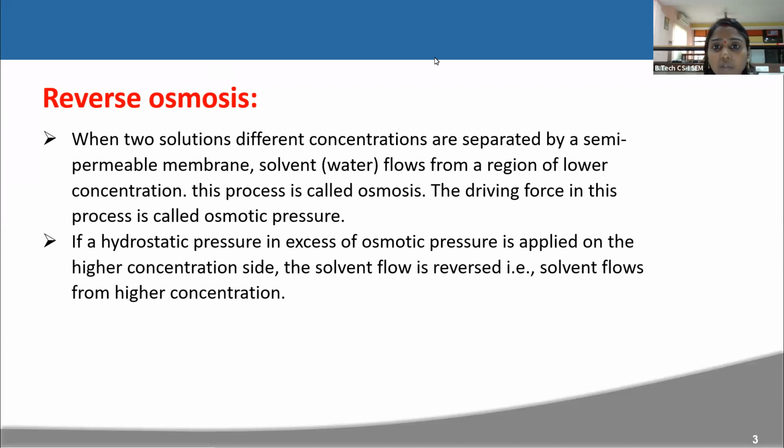Okay. So reverse osmosis. First of all, what is the definition of osmosis? Osmosis means higher concentration to lower concentration. No. Lower concentration to higher concentration. The solvent moves from lower concentration to higher concentration.